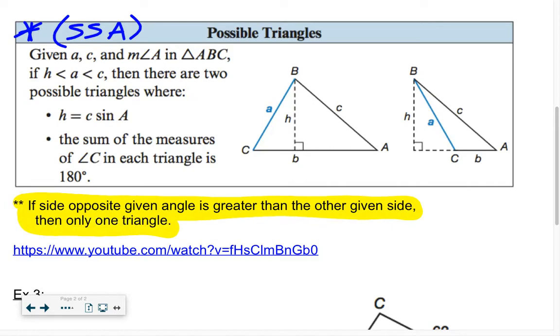If the side opposite the given angle is greater than the other side, then there is only one triangle. Once again, if the side opposite the given angle is greater than the other given side, then only one triangle is possible.